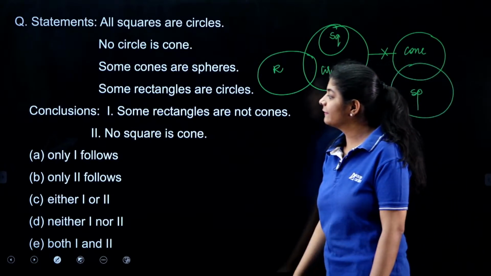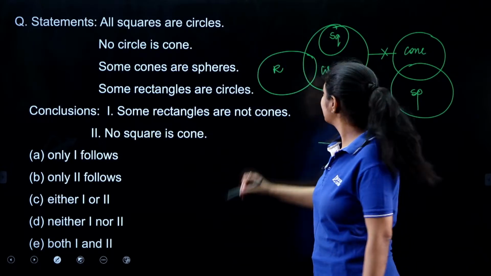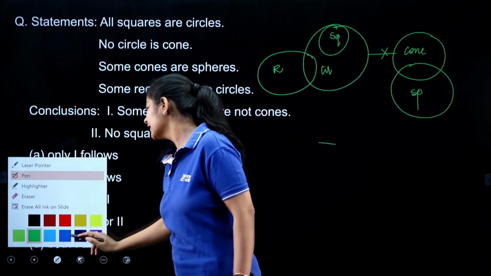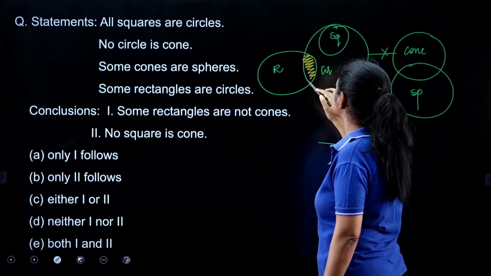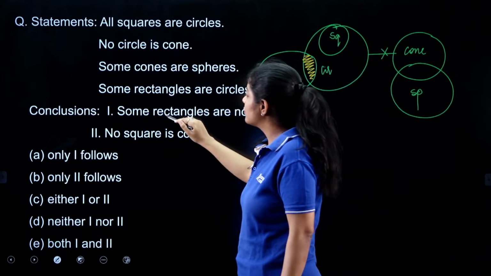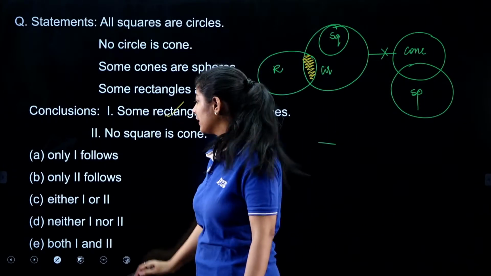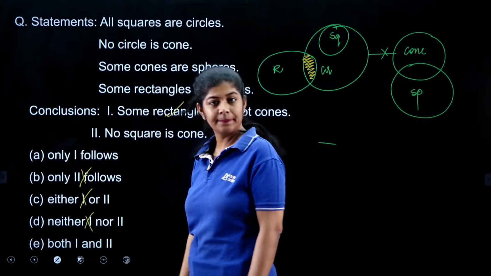Okay, let's see. The first one, some rectangles are not cones. Can we say that? Yes, we can say that. Why? Because this part of rectangle, which is circle, can never be a part of cone. So this one is true. If this one is true, we can eliminate option number B, C and D, right?